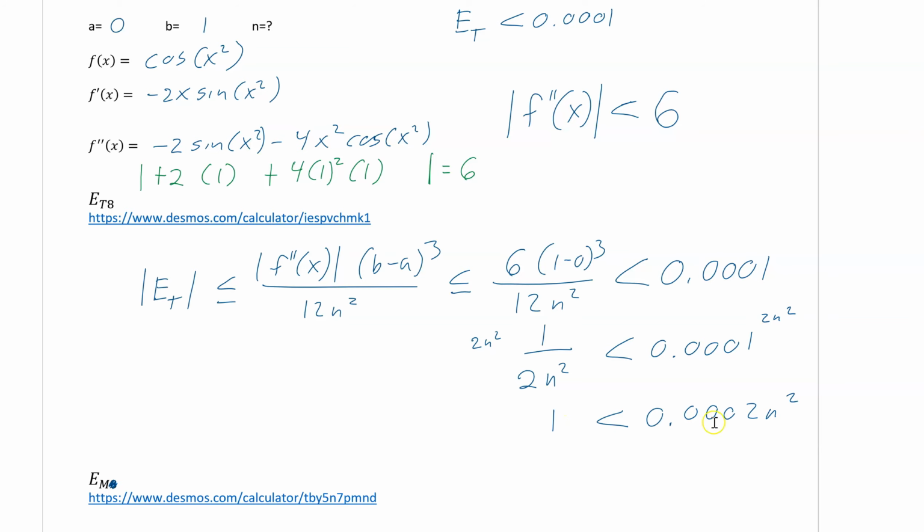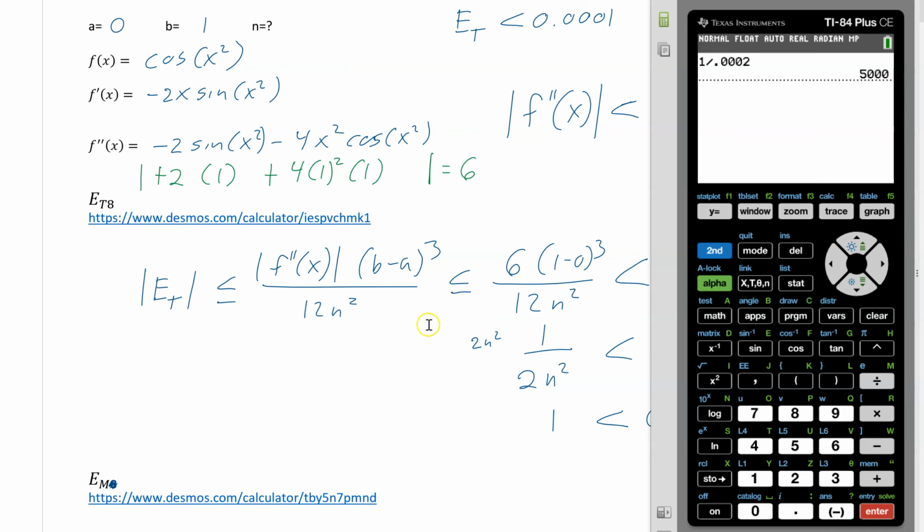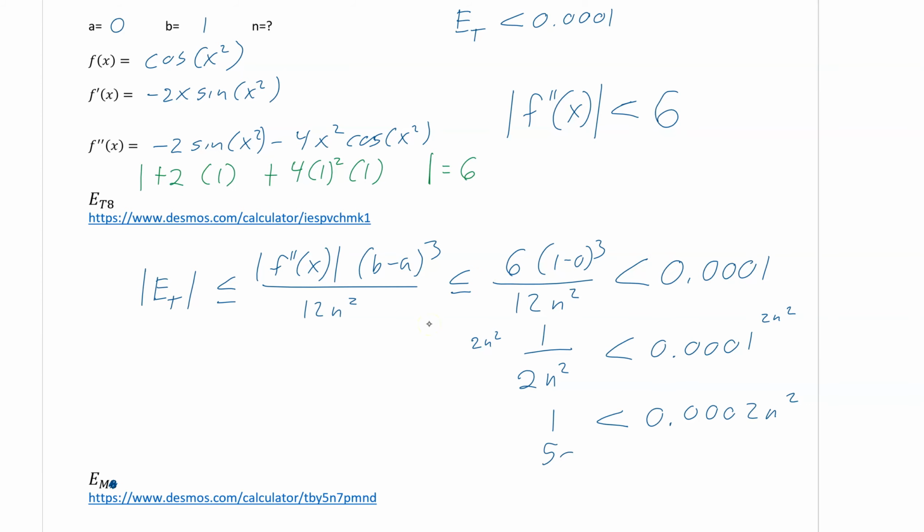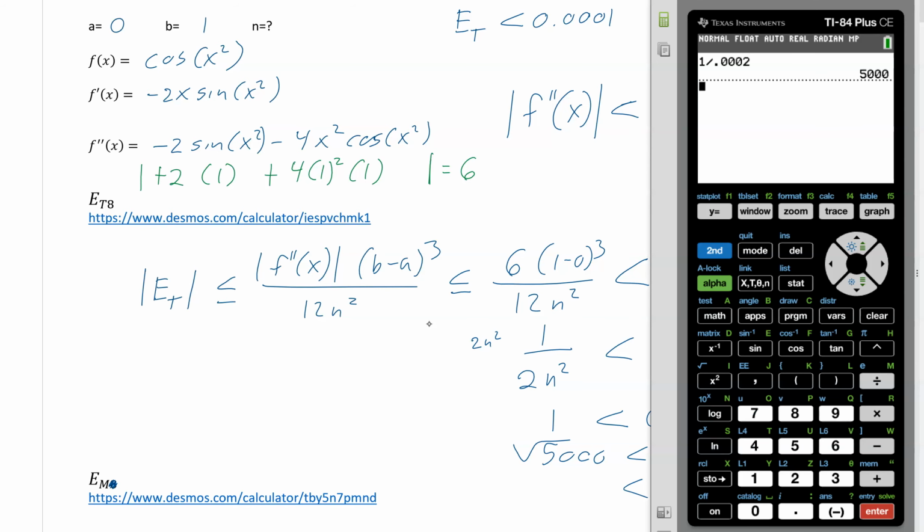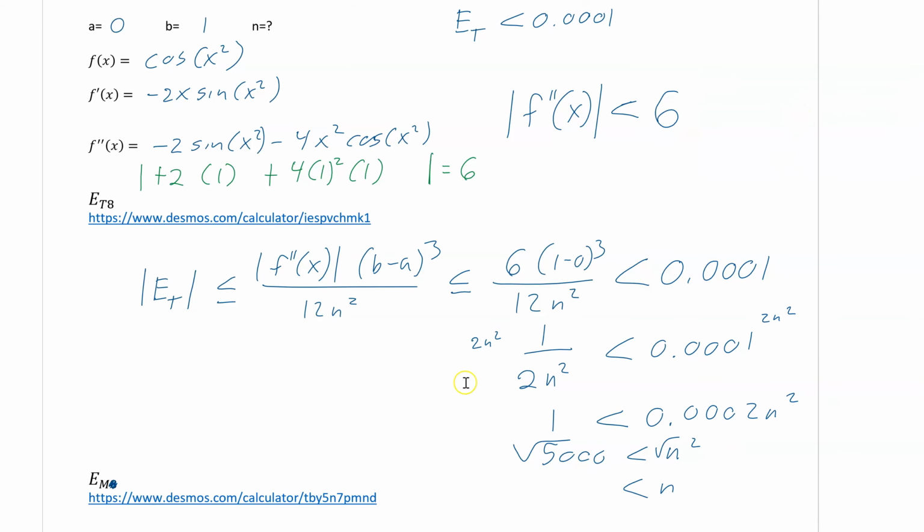All right, so we're going to go 1 divided by this, and we get 5,000. And then we can only keep the positive, so we take our square root. So n is greater than the square root of 5,000. We plug it in the calculator and we get about 70.71, so we say 71.